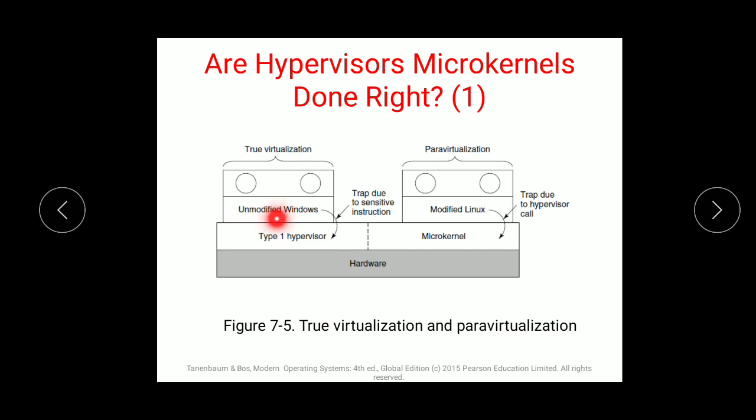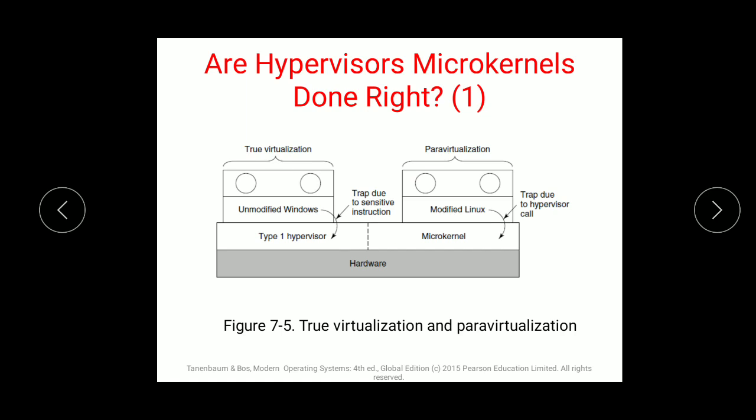So, two different scenarios: unmodified Windows with true virtualization, and modified Linux with para virtualization. How can you say that hypervisors are microkernels done right? Can both be accessed at the same time on a single hardware or not? The solution is that, instead of carrying out sensitive instructions, the para-virtualized guest executes hypercalls.